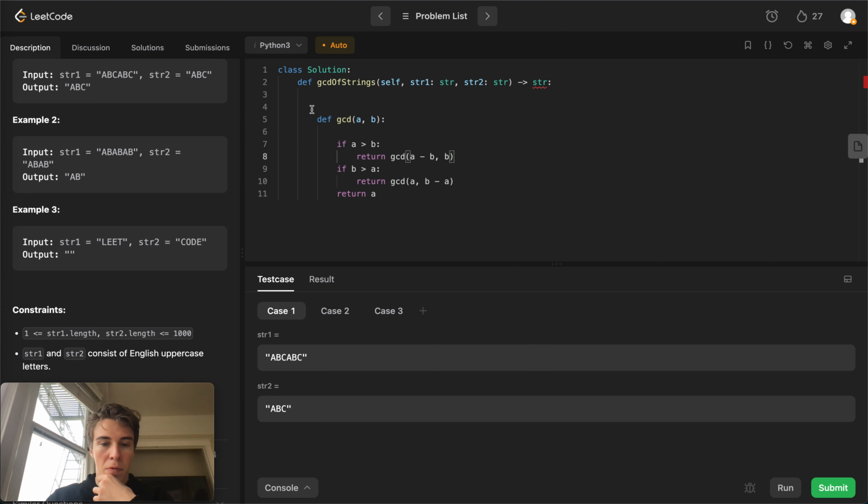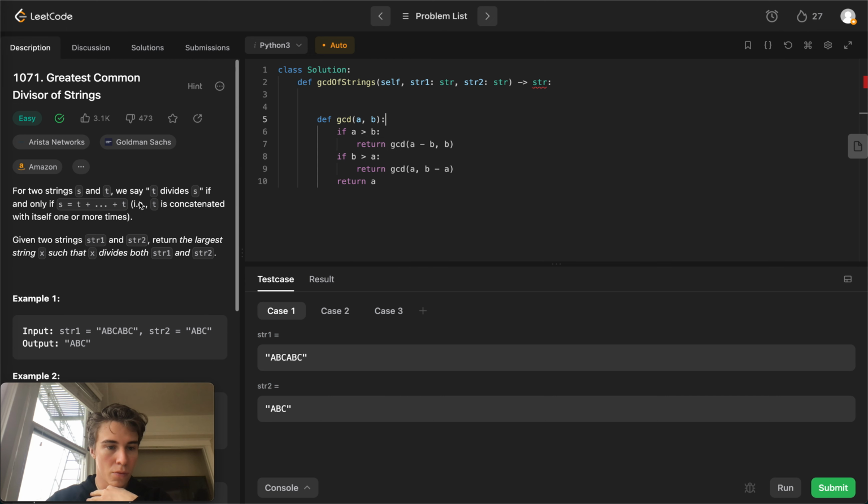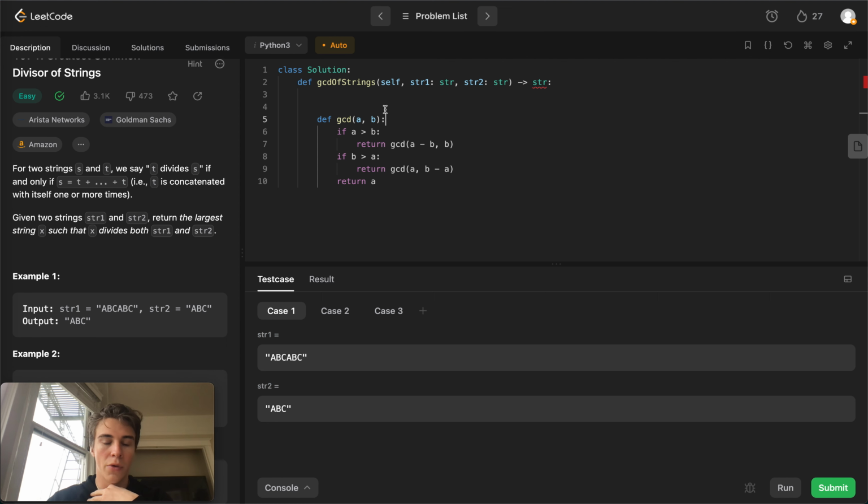I'm wondering if this, which is used to find the greatest common divisor for two integers, can be modified to have inputs as strings, essentially.